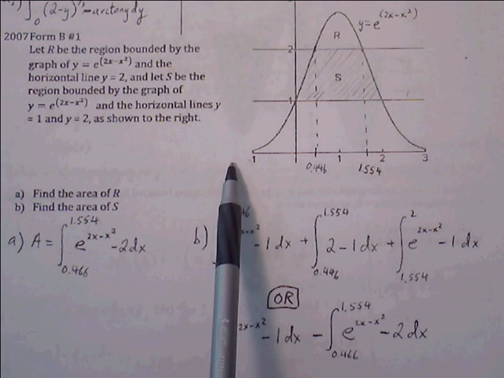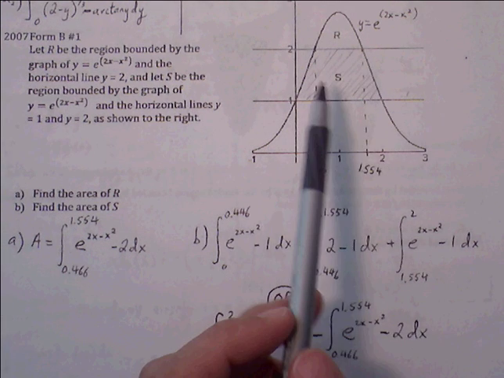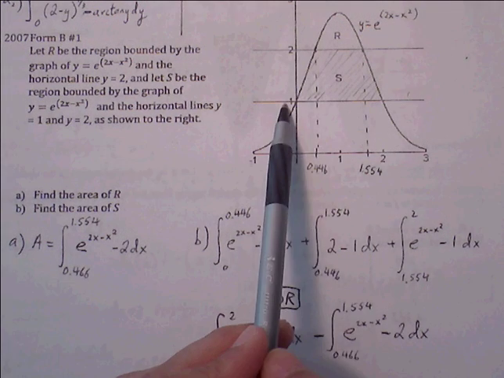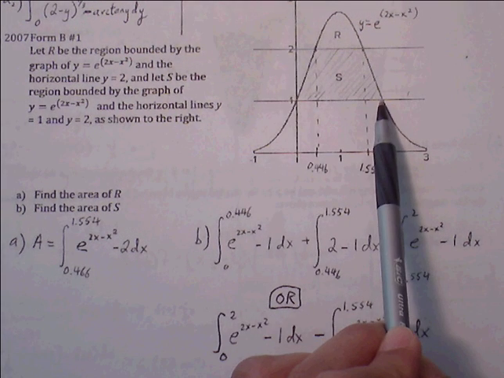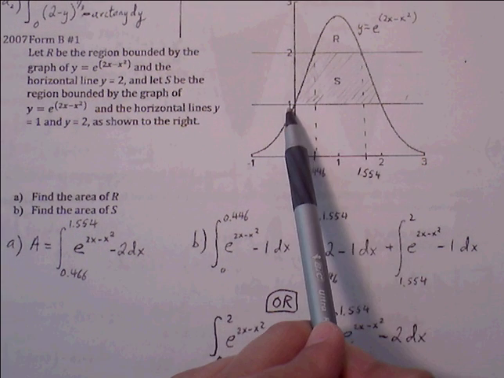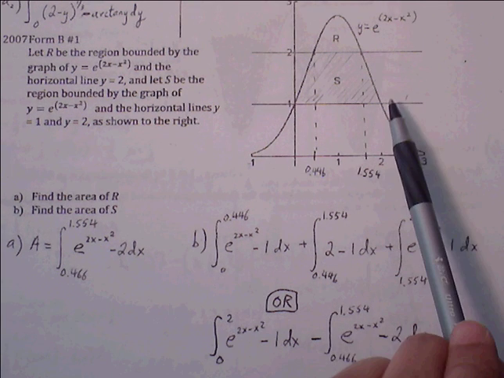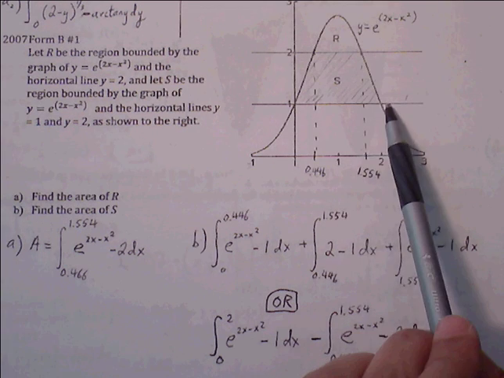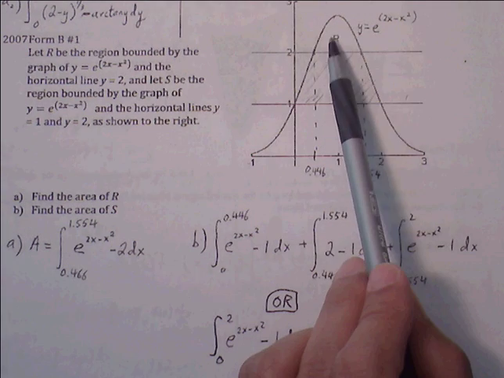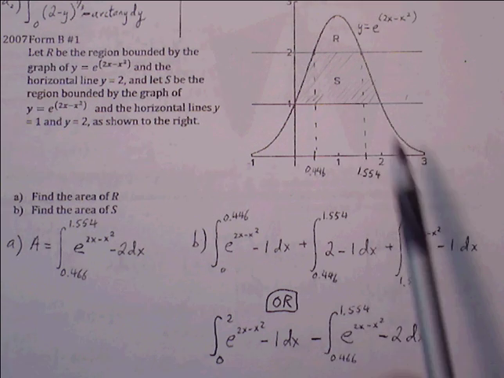Or we could find the area of this entire region from 0 to 2, and then just subtract out region R. So it's basically region R plus S minus R will give us region S.